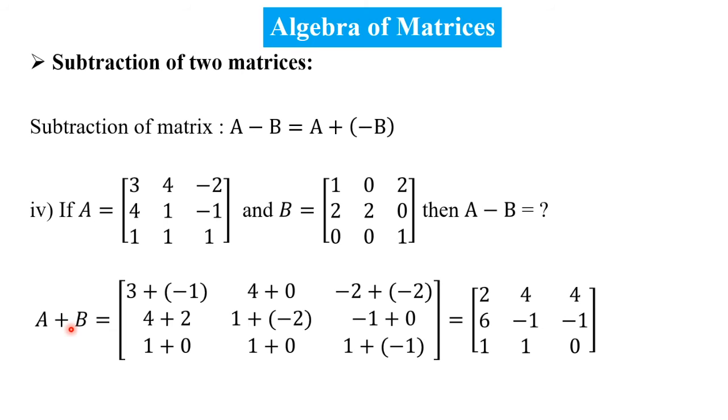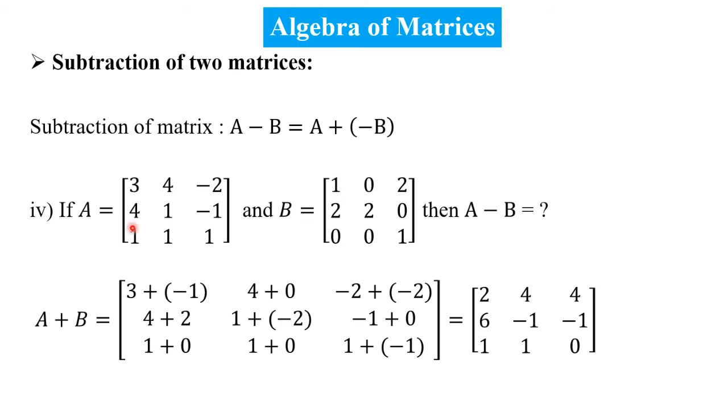Here A minus B is equal to, let us see, B converts into minus B. So 1 becomes minus 1, 2 becomes minus 2, 0, 0, 0, 0, 2 becomes minus 2, 2 becomes minus 2, 0 as it is, and 1 becomes minus 1.